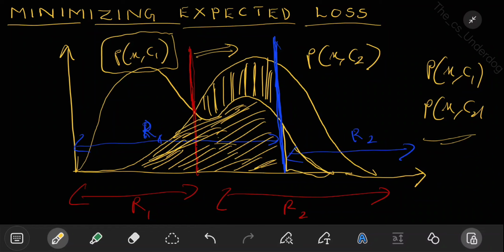In this place it can sometimes be an enemy, and you may still mark it as not an enemy because it is of region R2. So you can't afford more of these mistakes. To compensate, you are okay marking some of your C2 class as C1, because even after incurring that loss, your total expected loss will be lesser. This is the whole idea.